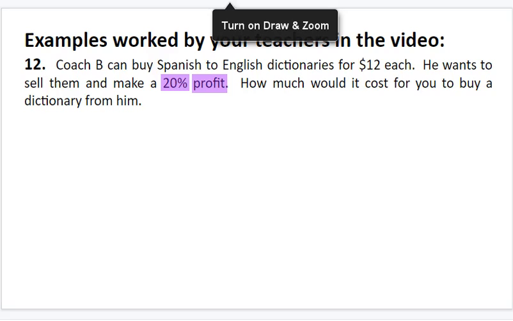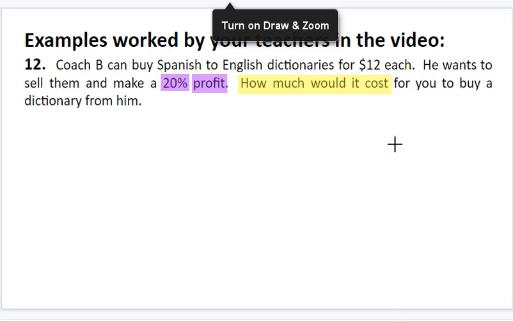So that's profit. If I'm wanting to make a profit, then I'm needing to mark my price up. Then the actual question here says, how much would it cost? So that means I want the total or the sales price, okay? I want the whole amount for those dictionaries. So let's go through our steps.